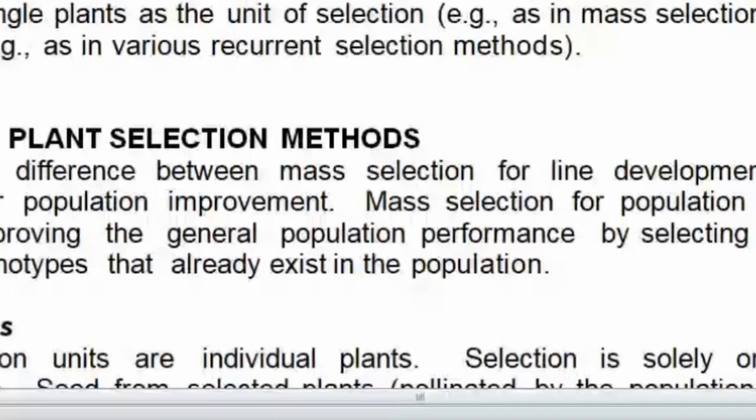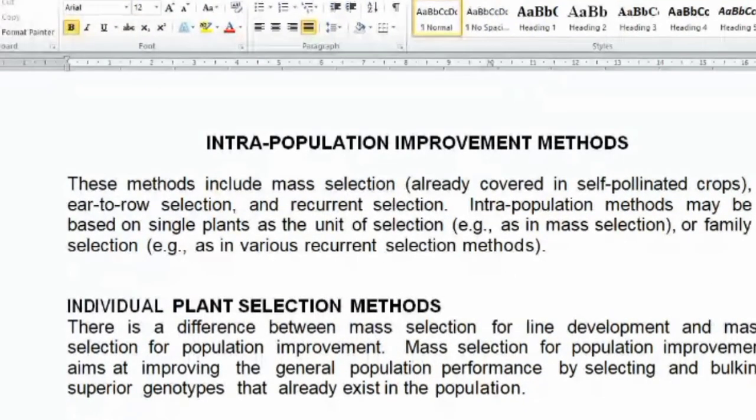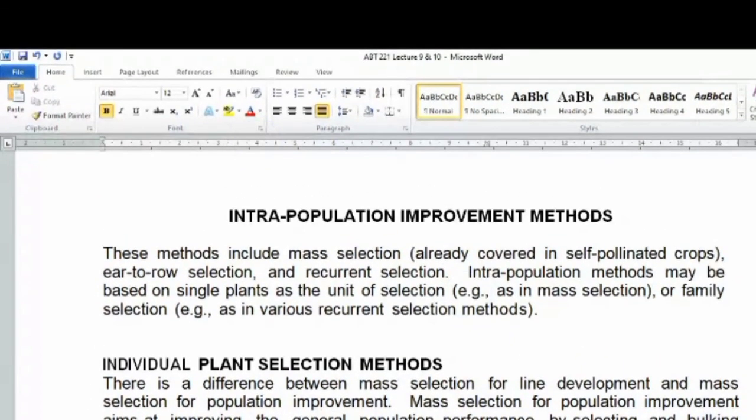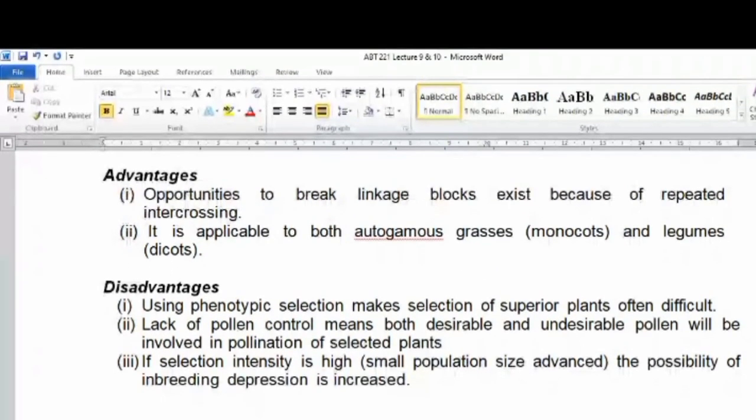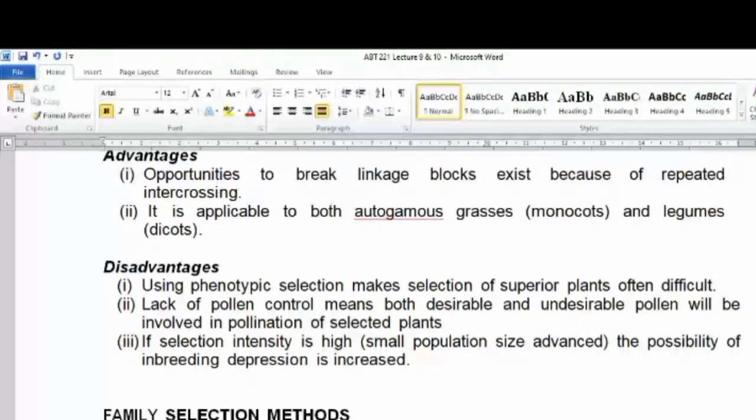I already talked to you about types of recurrent selection. So now I want to discuss approaches to selecting within a population.